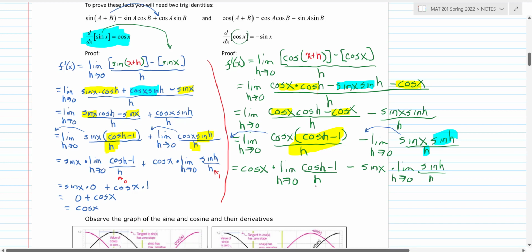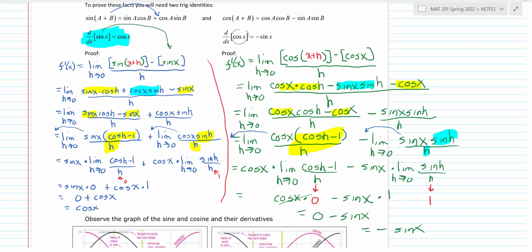Remember, this thing right here was 0, and this thing right here was 1. So we end up getting the cosine of x multiplied by 0 minus the sine x multiplied by 1. That cancels out, so you are left with 0 minus sine x. So you are left with negative sine x.